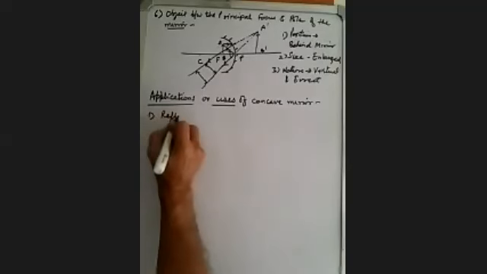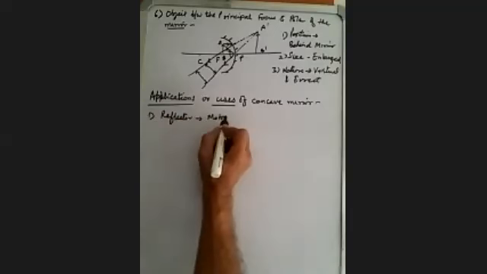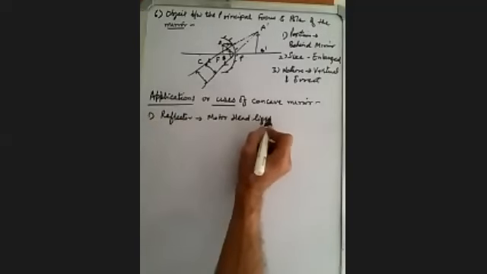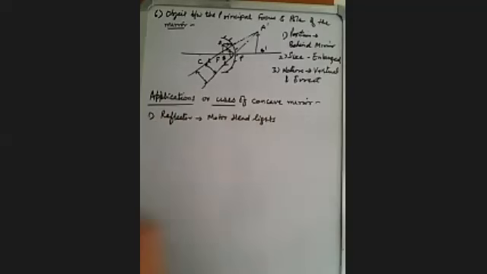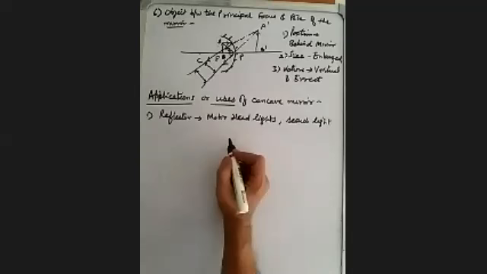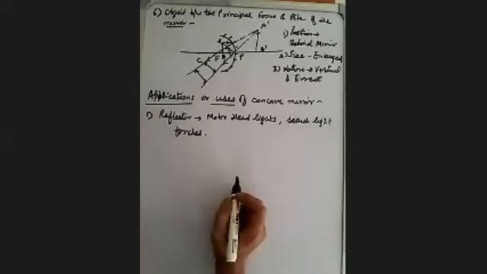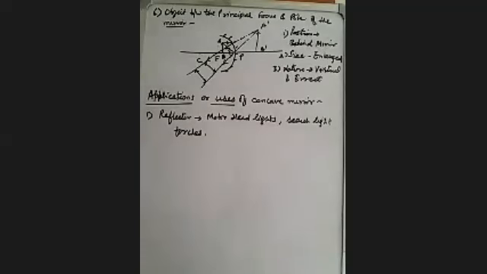In the headlight, motor headlight. Searchlight. Torch. So it is used as a reflector in all these different types of appliances.